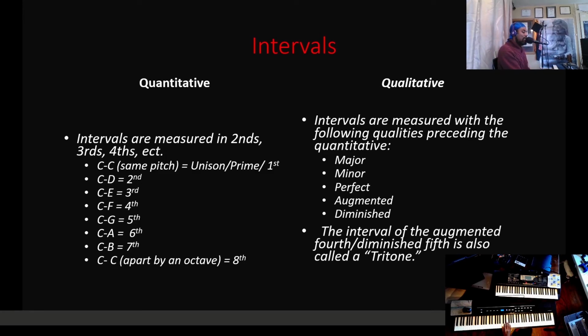C to D is a second because D comes right after C. C to E is a third. C to F is a fourth. C to G is a fifth. C to A is a sixth. C to B is a seventh. C to C above, apart an octave, is an octave, an eighth.